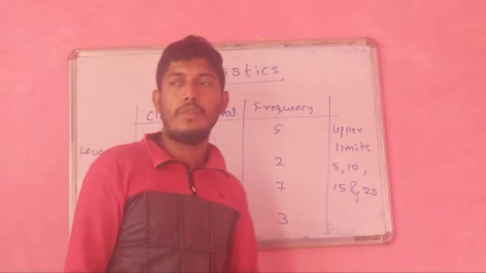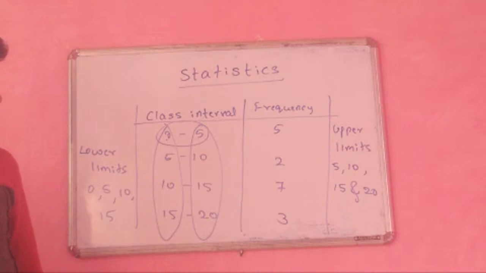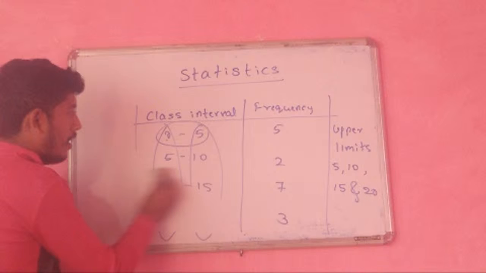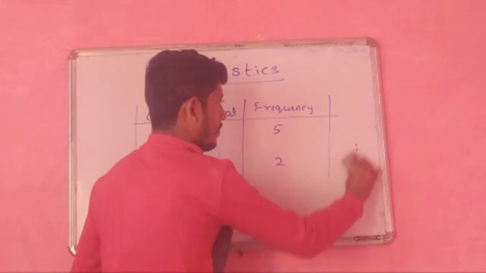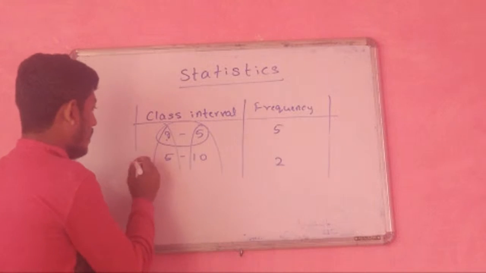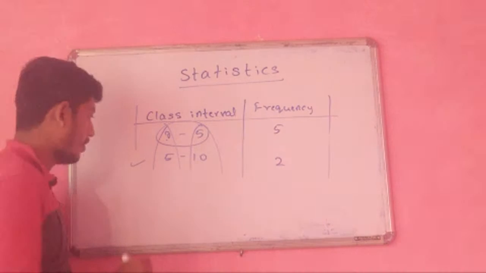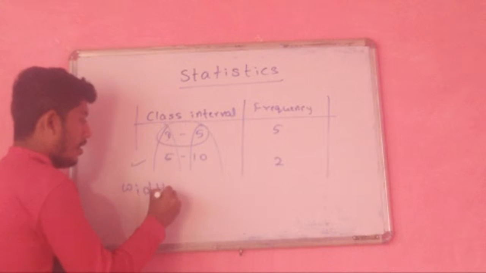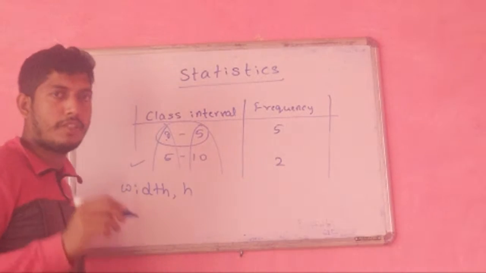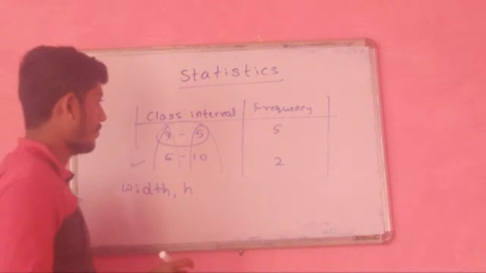And next we want to find out the width of the data. I will take only two class intervals. I have to find out the width of the second class. Width is also represented with the help of small letter i or small letter h.